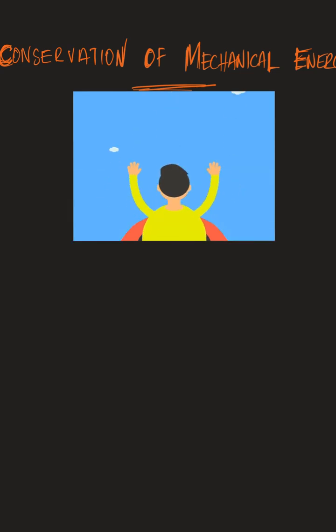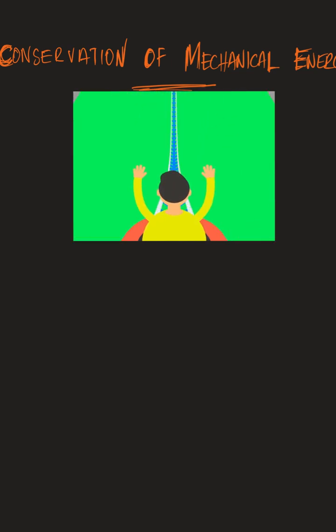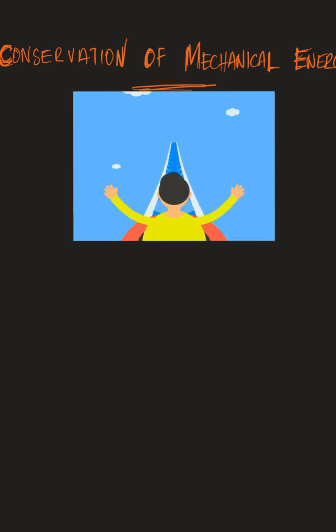Alright, the next section we're looking at is conservation of mechanical energy. In previous sections we learned that energy, like matter, cannot be created nor destroyed. So what we're looking at in this section is the conservation of energy.